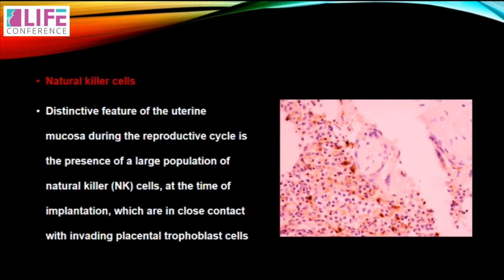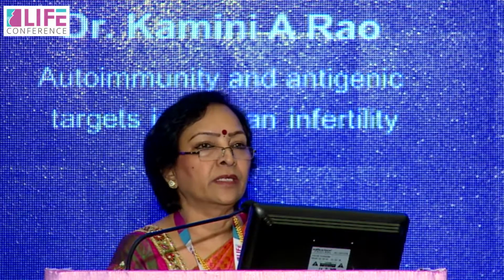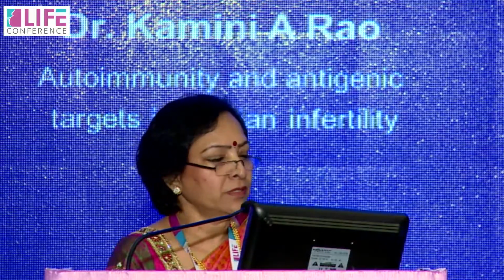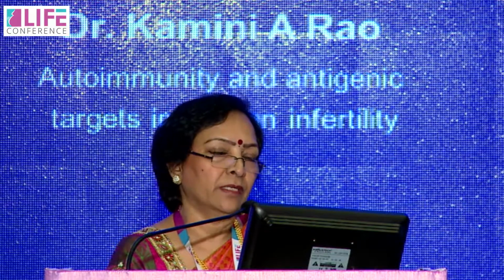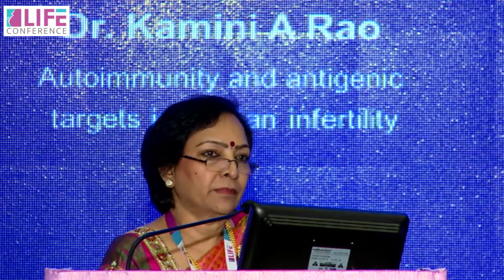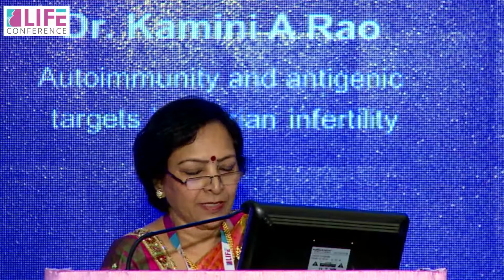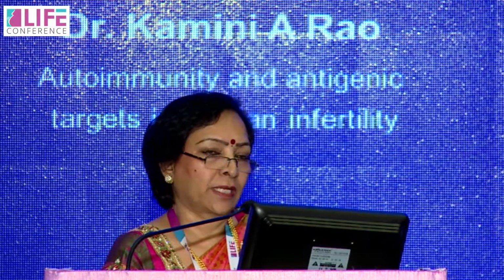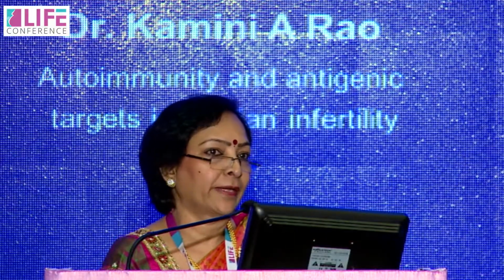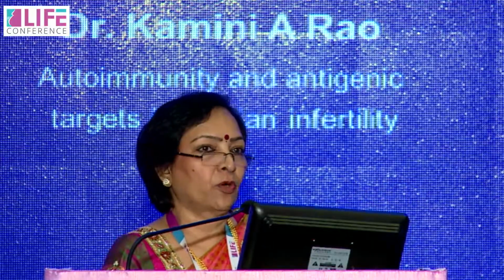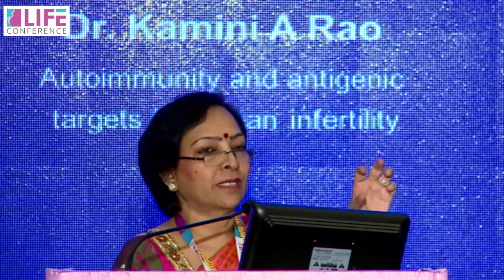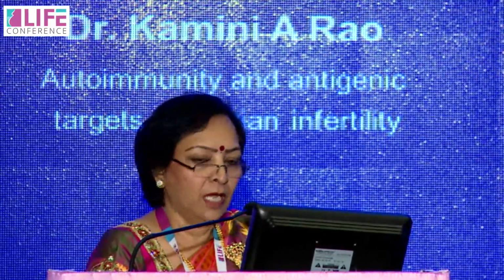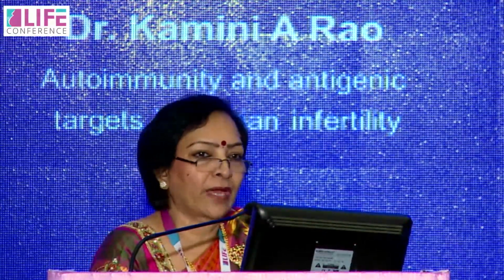The natural killer cells made their mark in the late 2000s, and we find that these NK cells tend to be maximum during the implantation phase, and whether they are important or not has not yet been clearly defined. However, on quantification of these natural killer cells, some amount is required for implantation, but if it is in excess, then you have a problem.